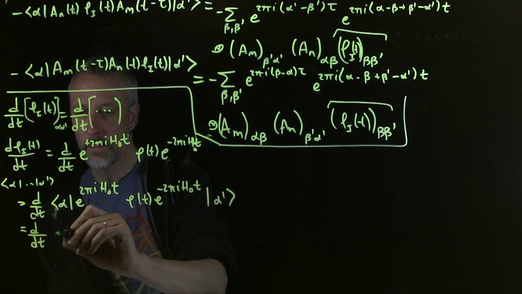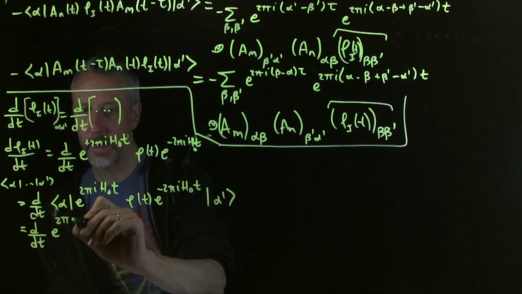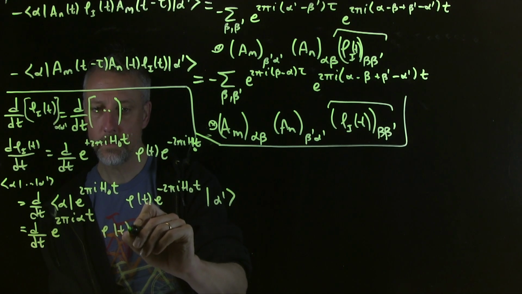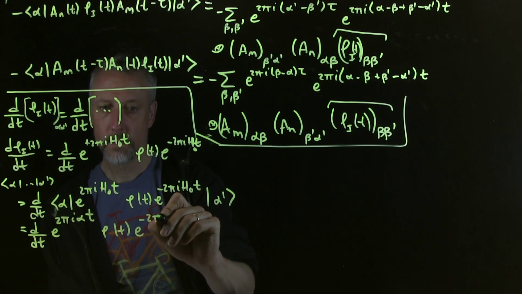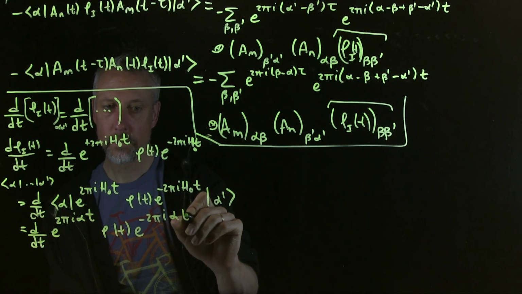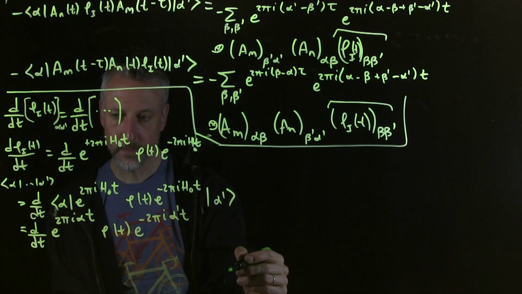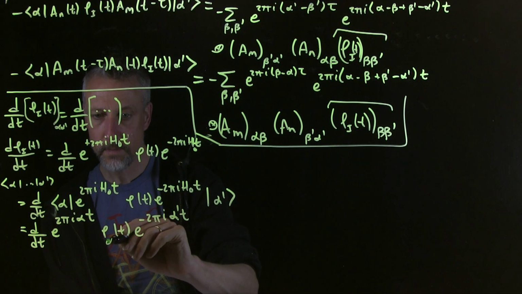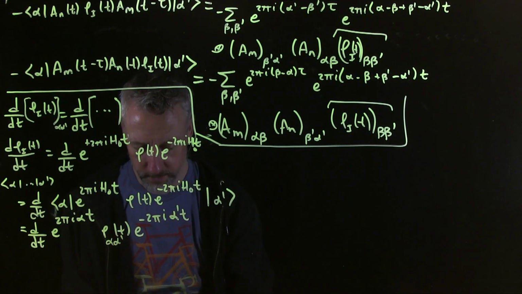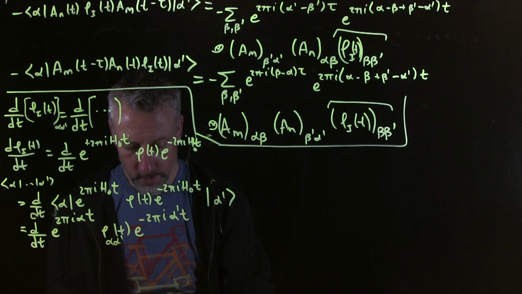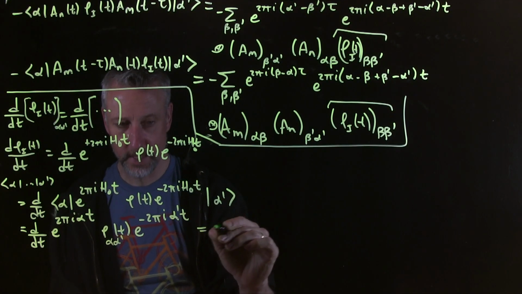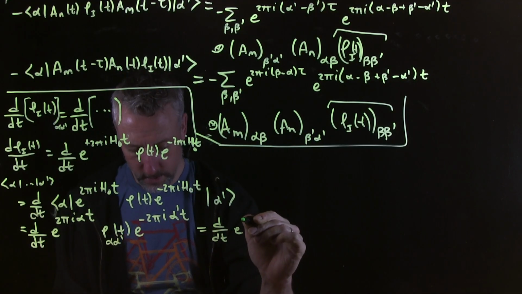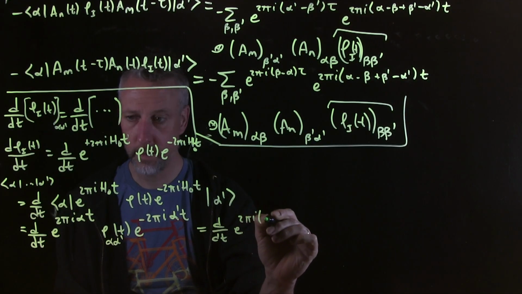All right, so we get e to the 2 pi I alpha t, and the alphas come in here to give us alpha alpha prime. Right, we make this look nice and we end up with e to the 2 pi I alpha.